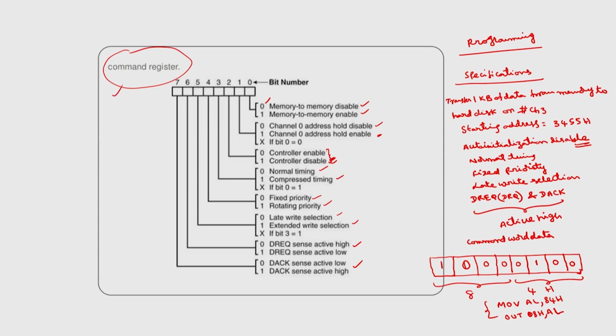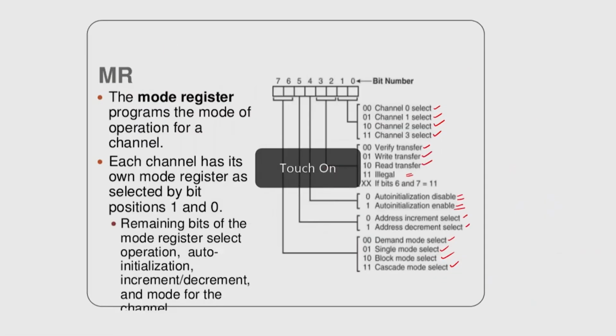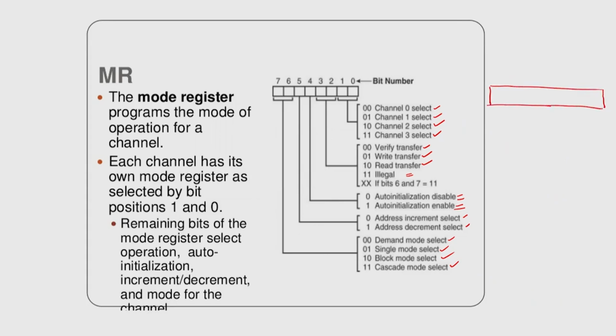Then coming to the second register which is the mode register. So, what will be the data of the mode register? The last 2 bits, because I am using channel 3, these two are 1 1, and I want to use write operation, write into peripheral, because I want to transfer from memory to peripheral.